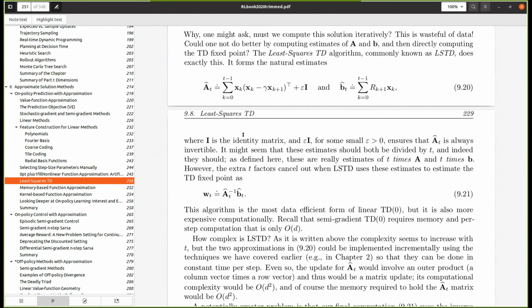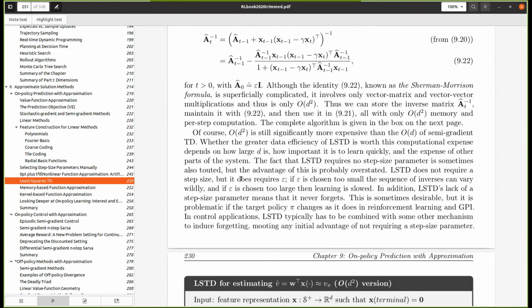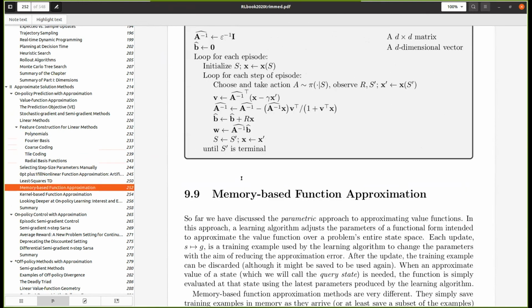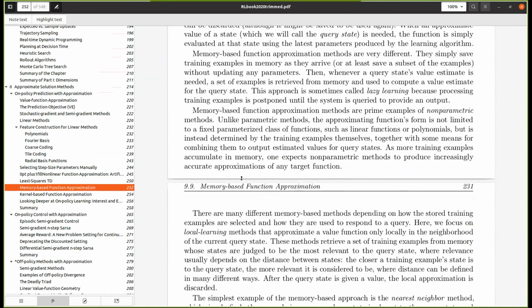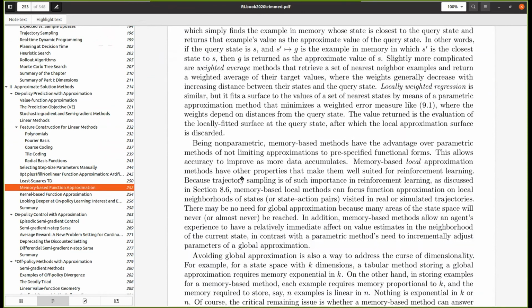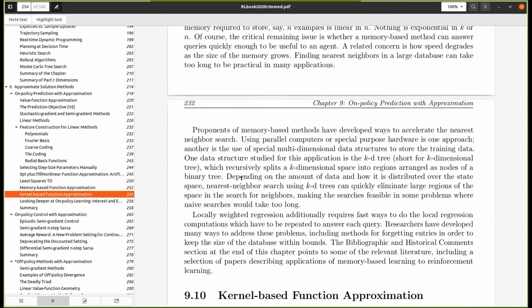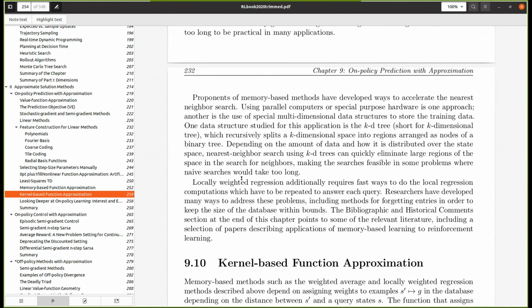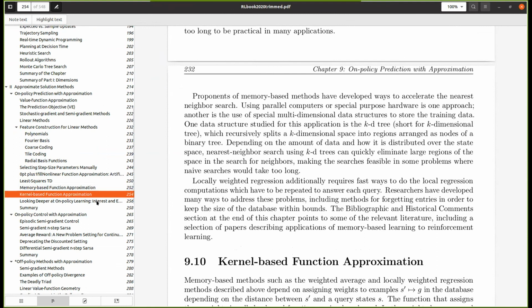Let's postpone this to the next session. I just wanted to say that all these sections are very high level overviews of some concepts.